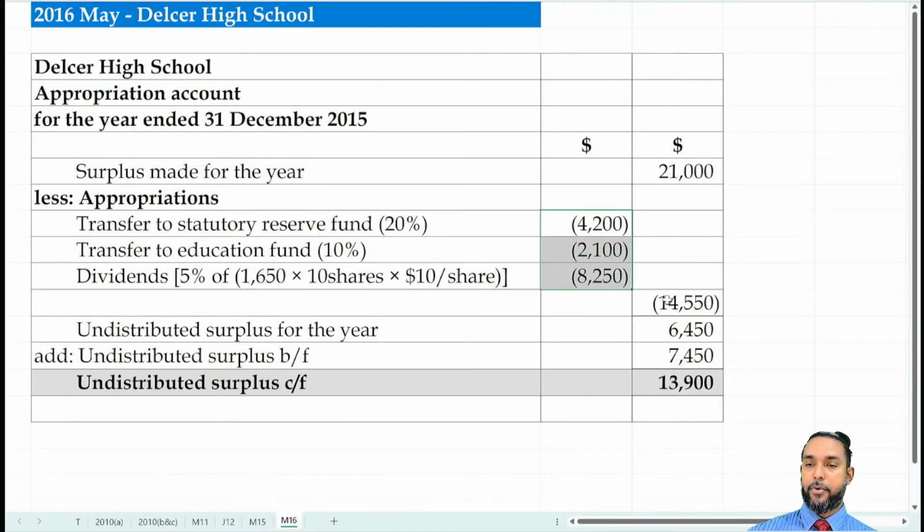Add these three appropriations, total them, take that away from the surplus for the year, and we have the undistributed surplus for the current year, to which we add the undistributed surplus brought forward from last year, and we have the new undistributed surplus carried forward to next year. All right.